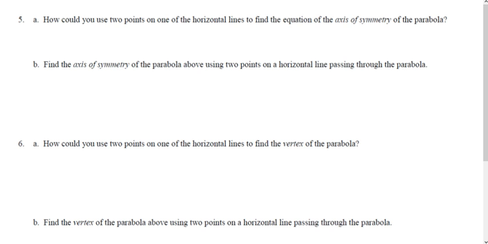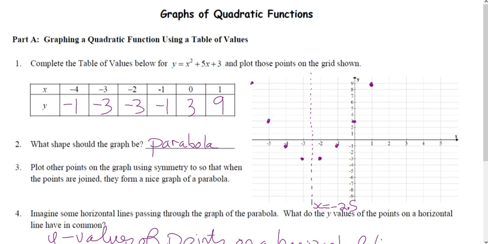How could you use 2 points on one of the horizontal lines to find the equation of the axis of symmetry of the parabola? Well, we did that. We just said what's halfway between here and here. So how do you get halfway between 2 numbers?